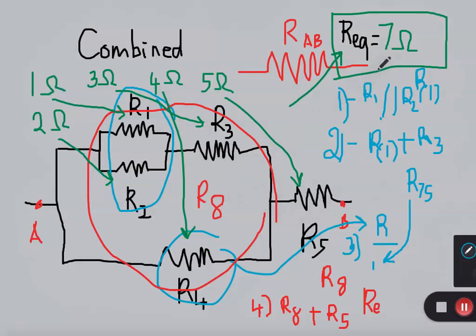Then after calculation, you should find 7 ohms. So that's another path to reduce all of the circuit into a single R equivalent. Okay, just to do the practice.